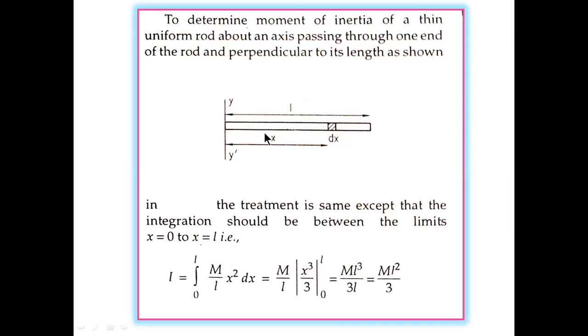So M into L by 2 square. If we add these two, again we will get M L square by 3. So this is the moment of inertia at the end of the rod, and using the parallel axis theorem we can find the same.